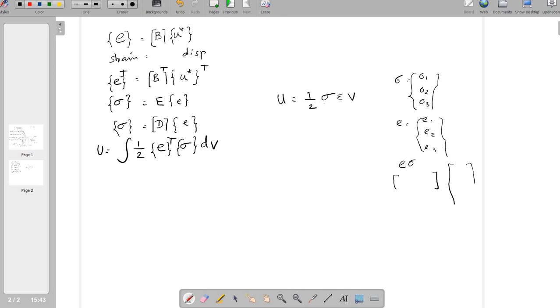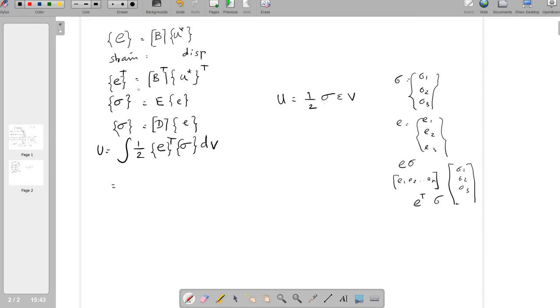So the sigma is kept as the vertical component, E is multiplied as the horizontal component. So originally the form is E, now it is transpose, and here the sigma 1 sigma 2 as it is, so it is sigma. So we put E transpose sigma dV.